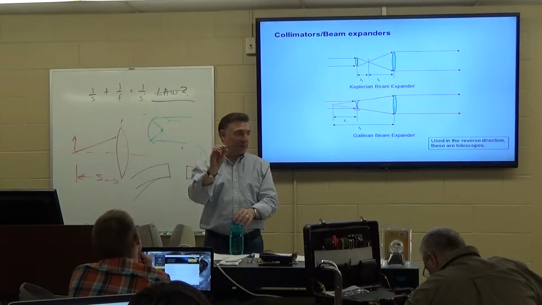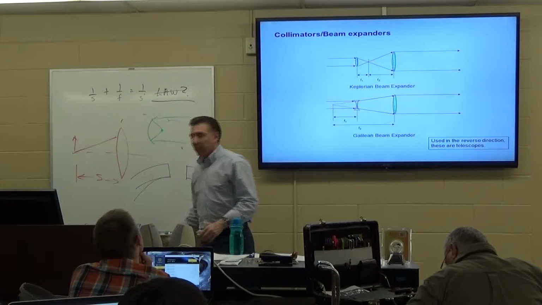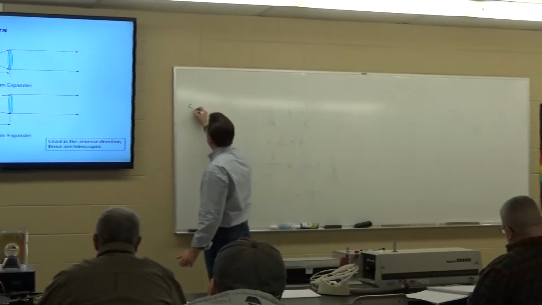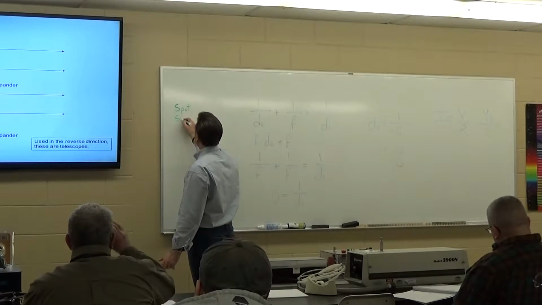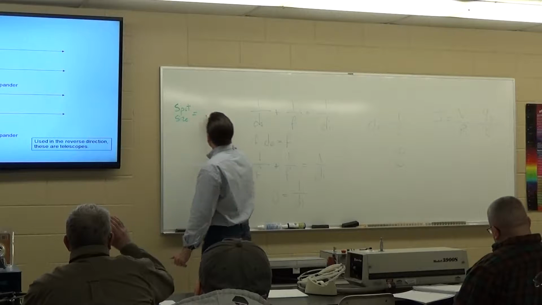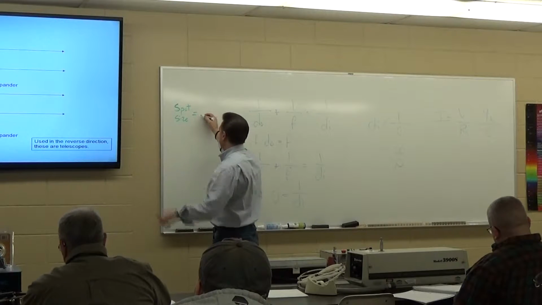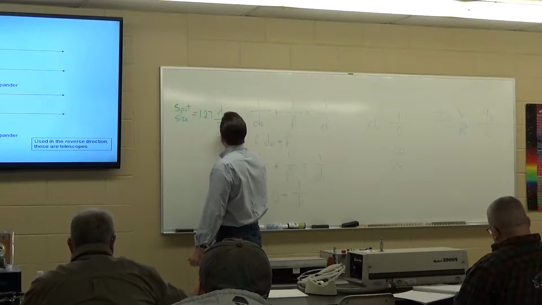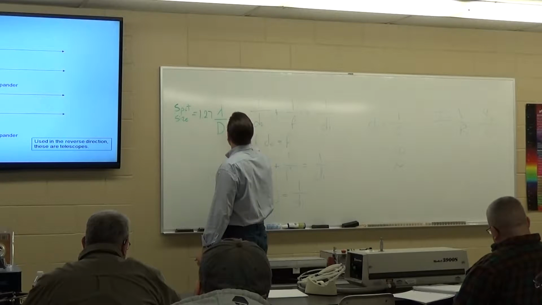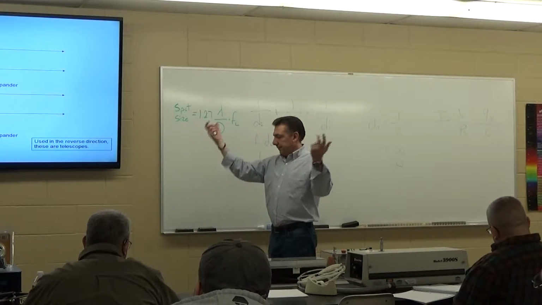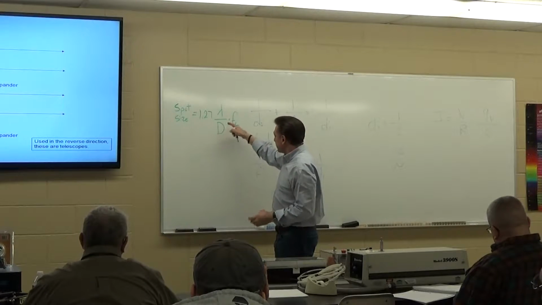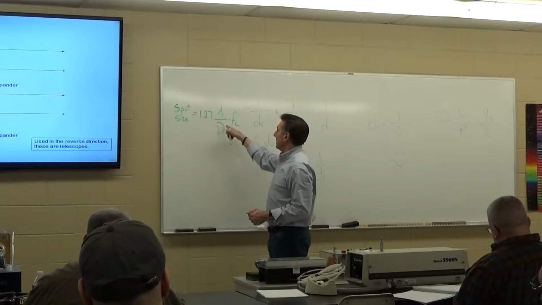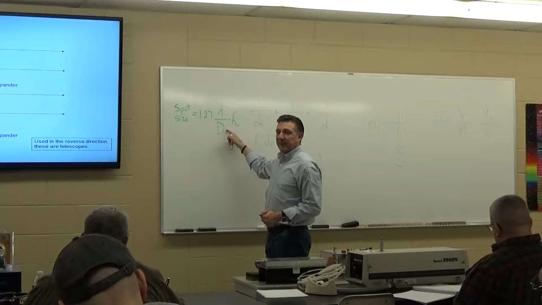Okay, the spot size is, and I'll throw an equation up there, so there are equations. There's an equation that says spot size, how small can I focus a laser, equals, this is for a Gaussian beam, which we'll get into, 1.27 lambda over d, times the focal length of the lens. So if I have a 10 centimeter focal length lens, and I know what the wavelength is, the spot size is inversely proportional to the diameter of the beam.